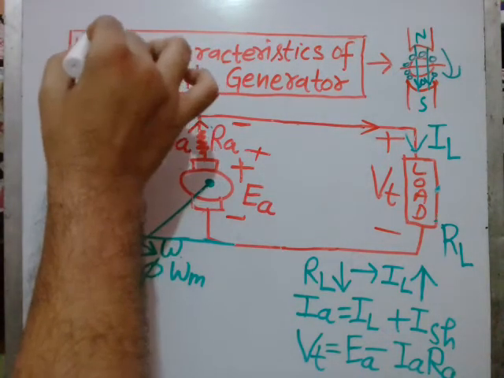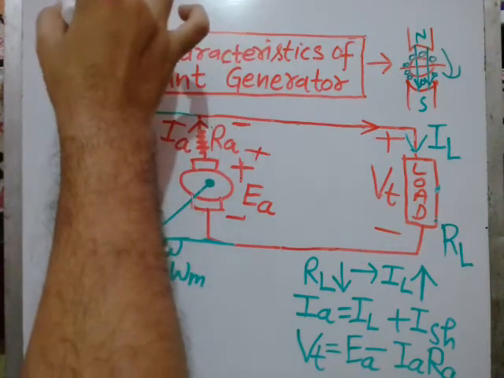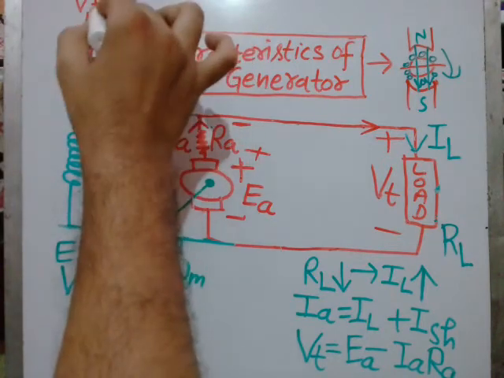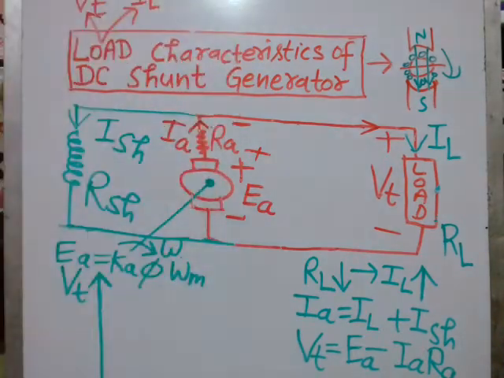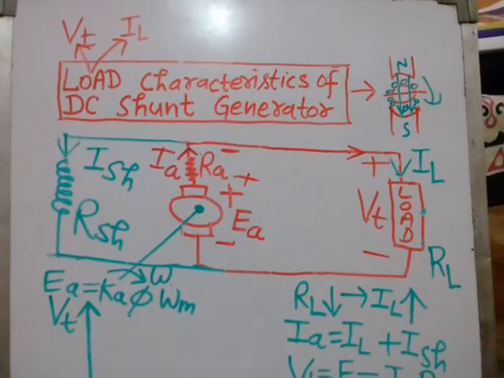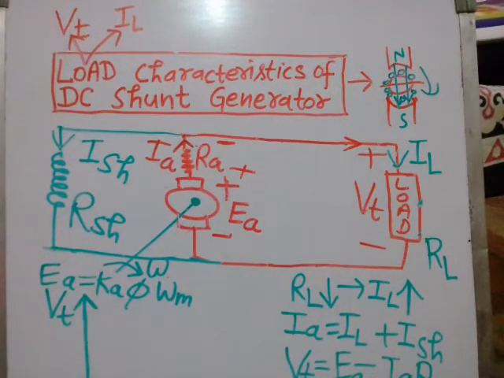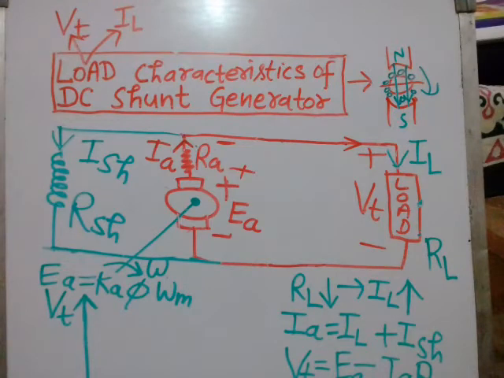That means load characteristic means you have to plot a graph between terminal voltage Vt and load current IL. Between Vt and IL, you have to plot a characteristic which is known as the load characteristic of this DC shunt generator.